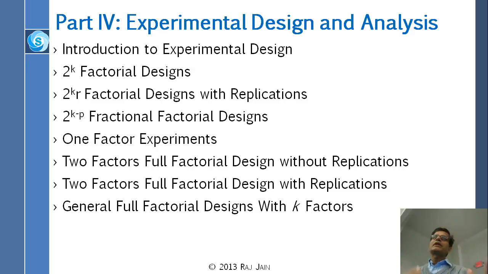So that is one part of the experimental design, to find the minimum number of experiments that will give you the answer. Second part is which 15. Now there are 1,000 possibilities, so you have to find the right 15. Third thing is, if you find the right 15, how do you analyze it? How do you get that information that you're looking for? So that is called experimental design and analysis.